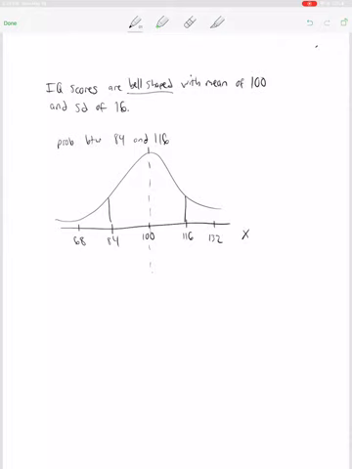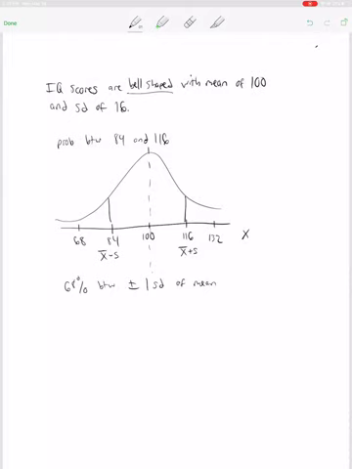The empirical rule says that 68% of the distribution lies between plus and minus 1 standard deviation of the mean. It turns out that 84 is the mean minus 1 standard deviation, and 116 is the mean plus 1 standard deviation.